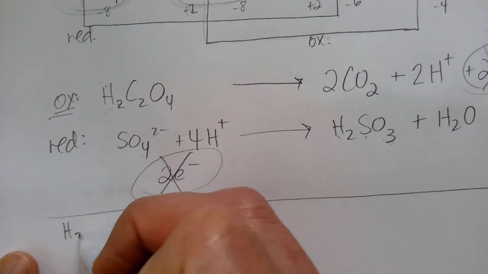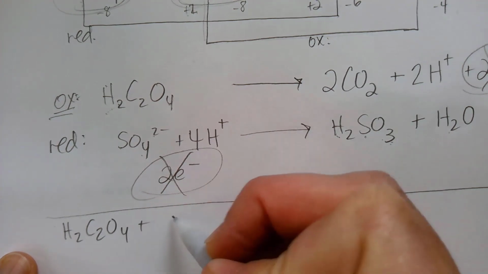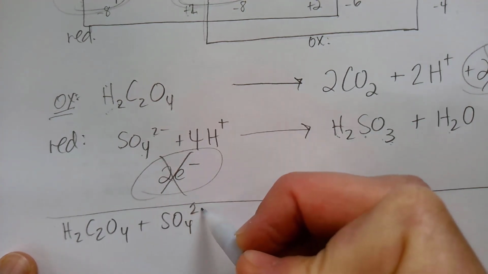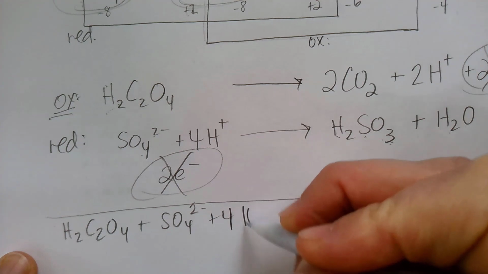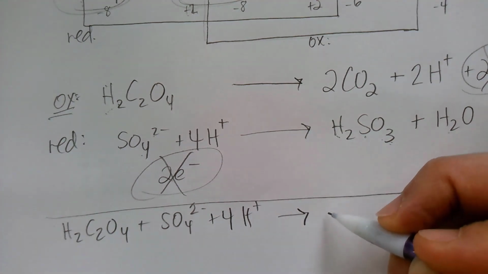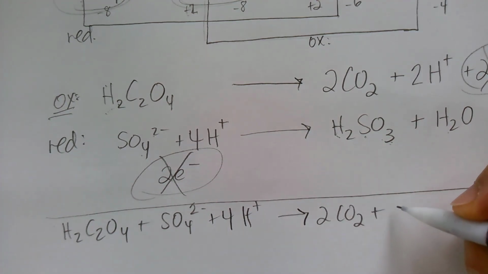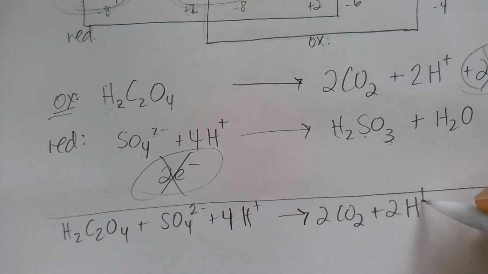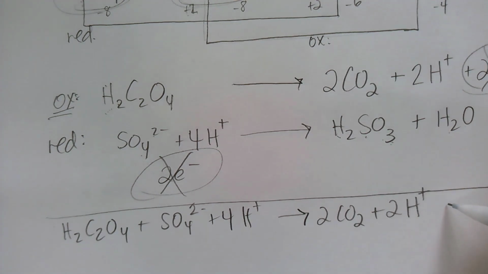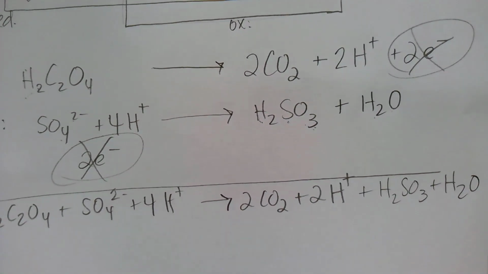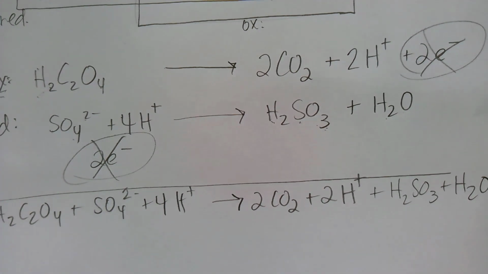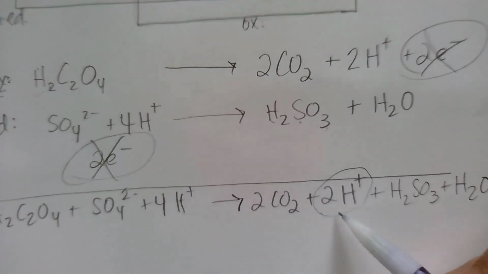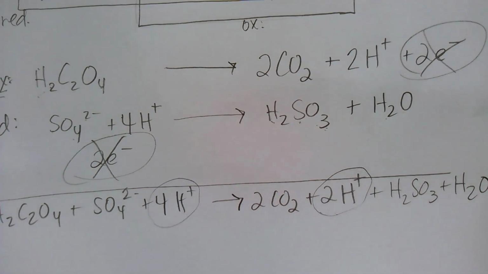So I have H2C2O4 plus SO4 2- plus 4 H+, giving 2 CO2 plus 2 H+ plus H2SO3 plus H2O. Okay, is there anything that can be reduced? I see one thing. I have 2 H+ on the right and 4 H+ on the left.